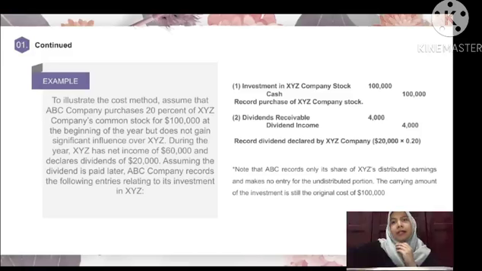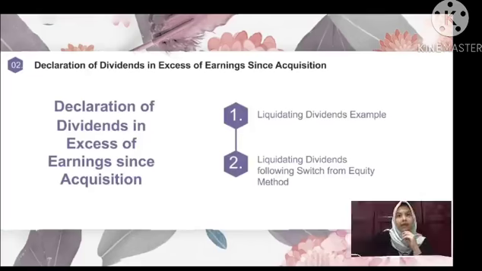Dividends receivable in debit, dividend income in credit, to record the dividend declared by XYZ company: $20,000 times 0.20, and we get $4,000.